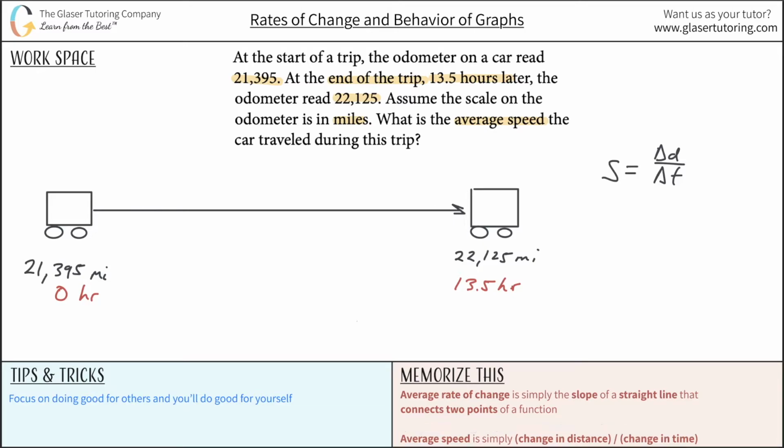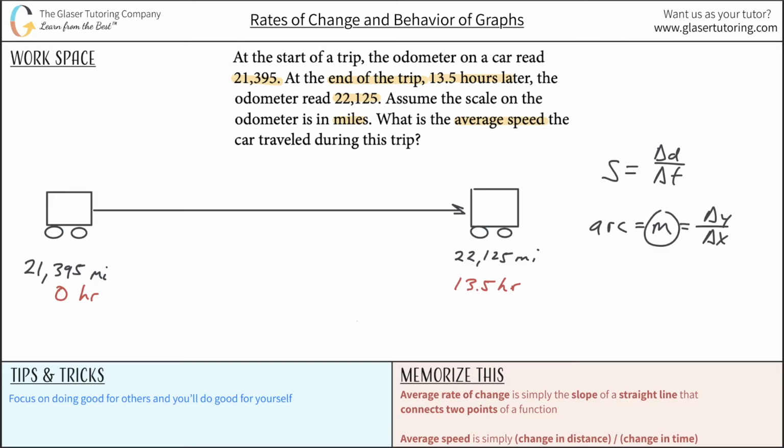Now, to connect it to what you're learning now in pre-calc, it's basically the same thing as the average rate of change. Remember that the average rate of change, ARC, is basically the slope, which is m, that connects 2 points on a function, which is change in y over change in x.